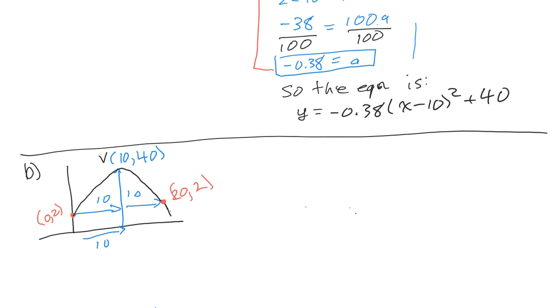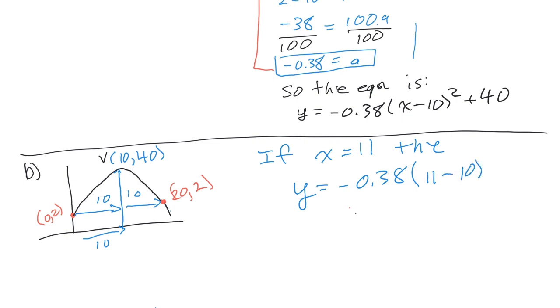So if our original equation is, if I have x is equal to 11, then y is equal to negative 0.38 and we substitute x is 11. So we get (11 minus 10) squared plus 40.